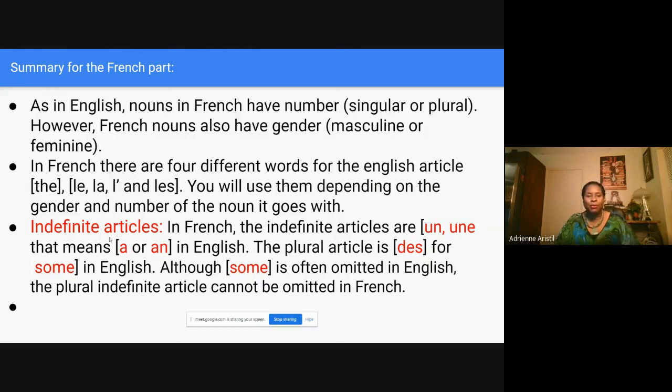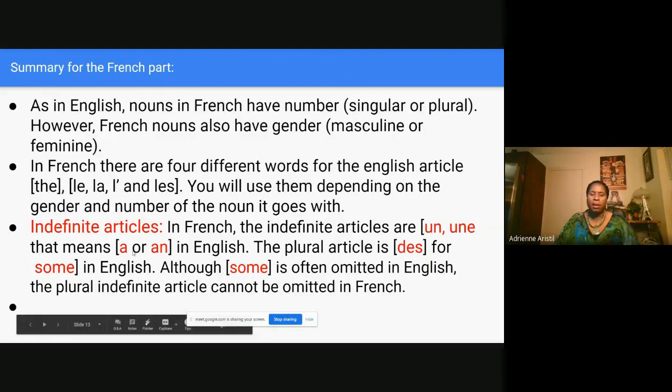Indefinite articles. In French, the indefinite articles are un, une, that means a or an in English. The plural indefinite article is des for some in English. Although some is often omitted in English, the plural indefinite article cannot be omitted in French.